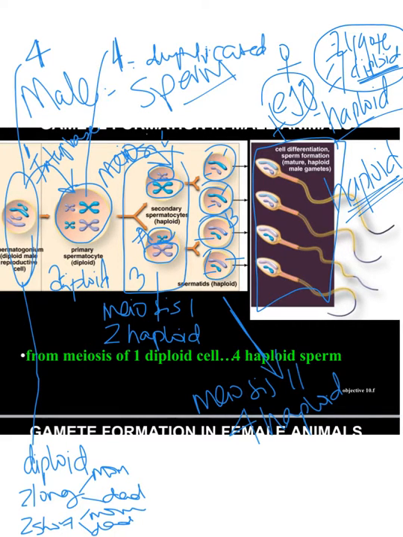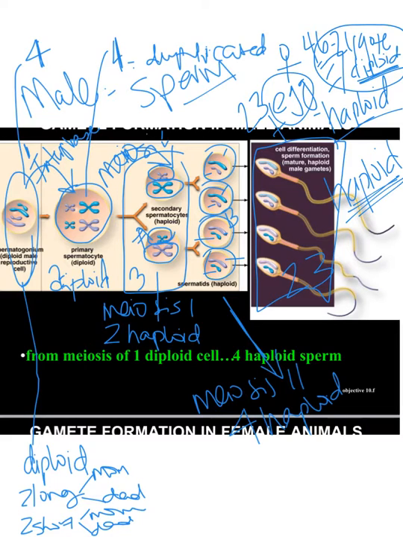When we formed these zygotes, we would have twice as many chromosomes as we should have. So remember, each of these haploid sperm is going to have 23 chromosomes. Each of these haploid eggs is going to have 23 chromosomes, and then our zygote is going to end up with 46 chromosomes, which is the correct number.